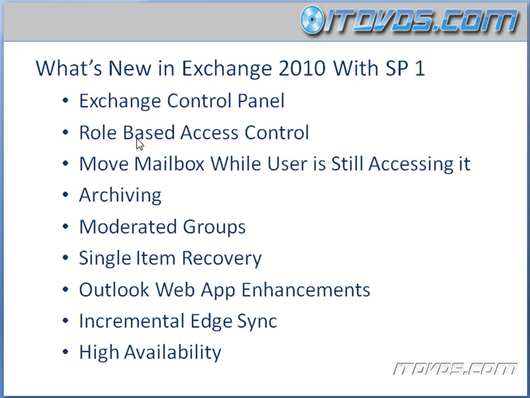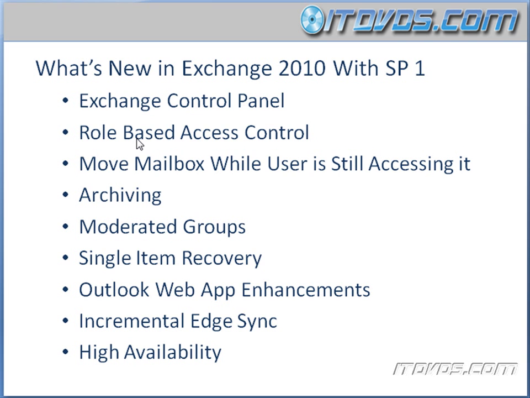The next new feature is role-based access control. Securing Exchange 2007 and saying, okay, this administrator can manage this database or any mailboxes in this database, and this administrator can manage this whole Exchange server, was kind of difficult with permissions like NTFS permissions in Active Directory, and that's how we used to do it.